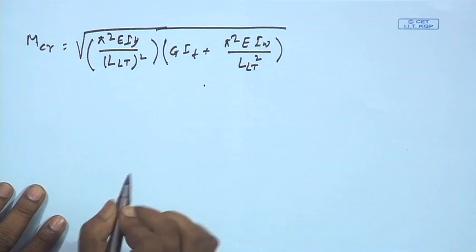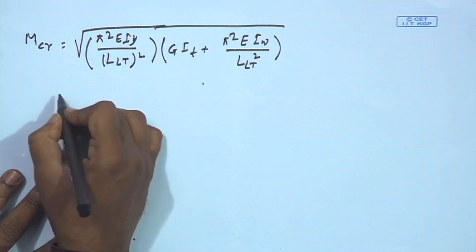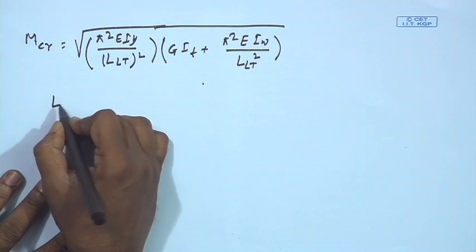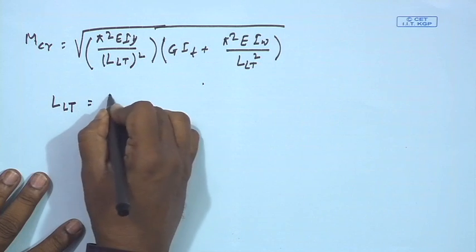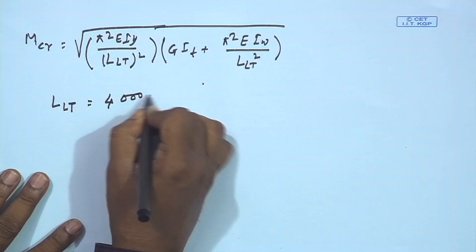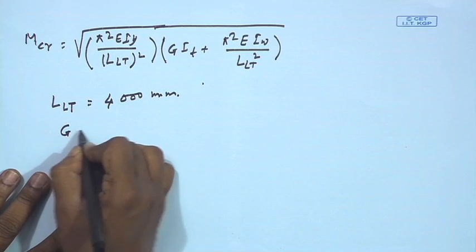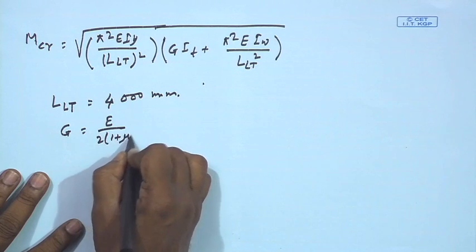Before calculating this value, we need to know all the parameters. The effective length for lateral torsional buckling, LLT, is 4000 millimeter. Now, the shear modulus G we can find as E by 2 into 1 plus mu.